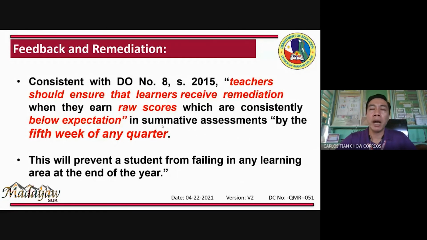Okay? Minsan kasi binibigyan natin ng remediation yung mga bata after the summative assessment in the grading period after 8 weeks. Okay? So doon pa lang sa 5th week, yung mga struggling learners natin, struggling readers, okay, bigyan na natin ng remediation activities. Bigyan na natin ng reinforcement, remediation, and enhancement.